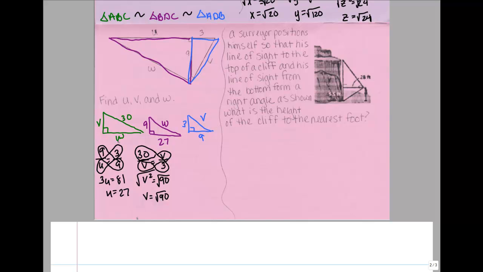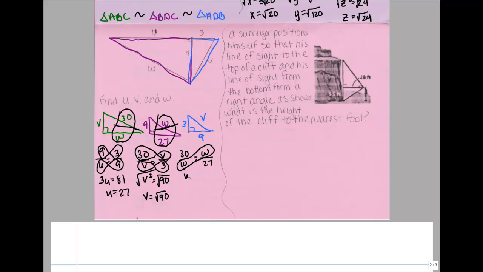Now we have W on the bottom and W on the hypotenuse. So bottom and hypotenuse. Here's our fractions. 30 over W equals W over 27.